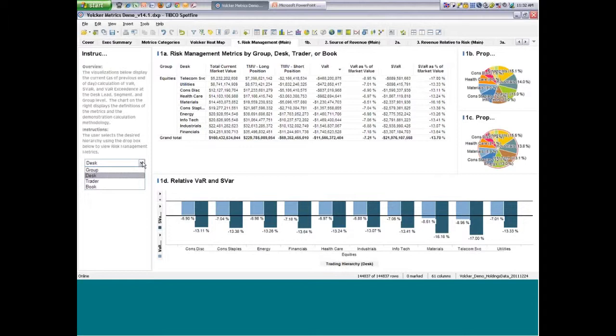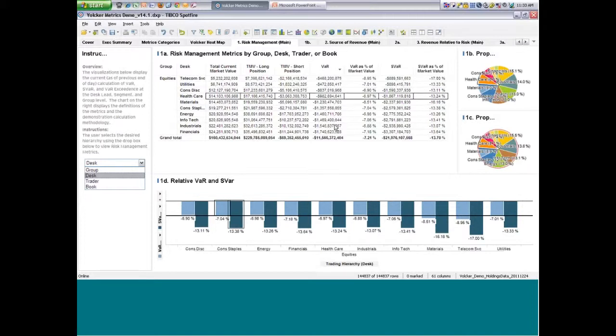So, to give an overview of risk management and what we're talking about here, this is showing in section 1A the equities group, all of the different desks, what their market value is, what their total long positions are, short positions, what value they have at risk as a percentage of market value, and then what their stressed value at risk is for the 12 months with the highest volatility.